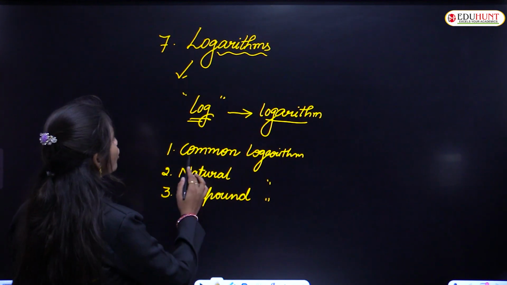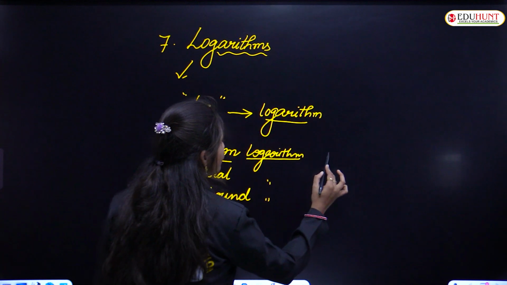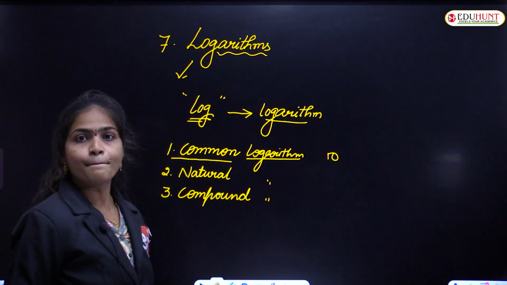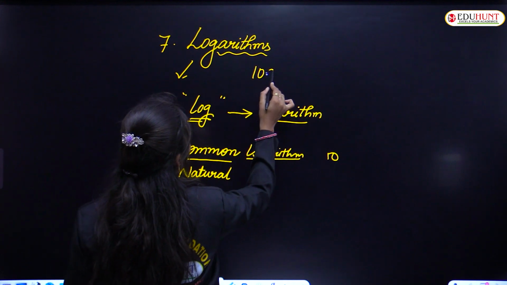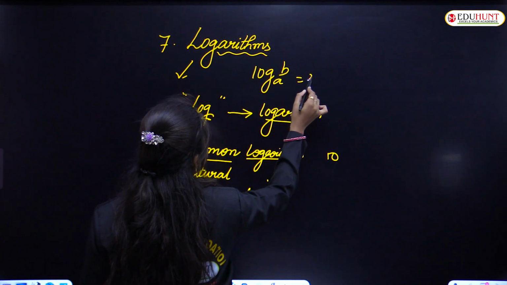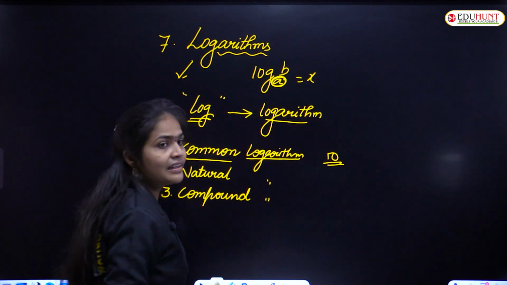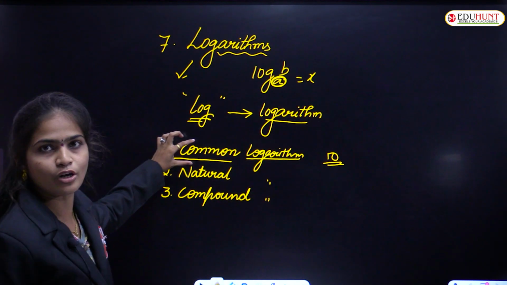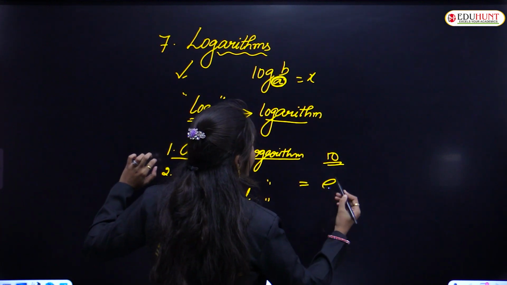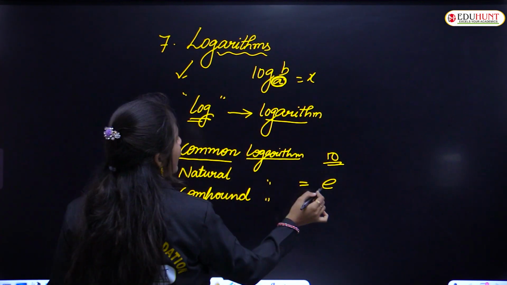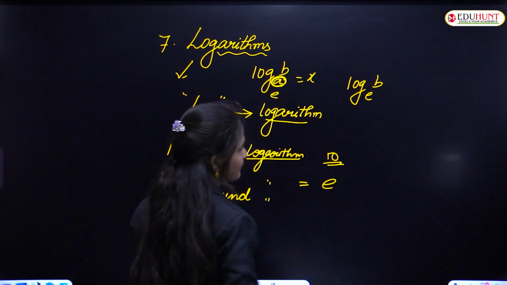Common logarithm means the base should be 10. The base of that log is 10. We wrote log b to the base a is equal to x. So if at the place of a we have 10, we call that a common logarithm. Natural logarithm means at the place of a we have e, so we write log b to the base e.